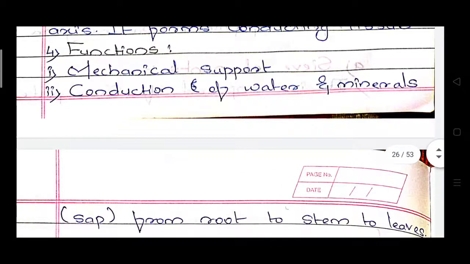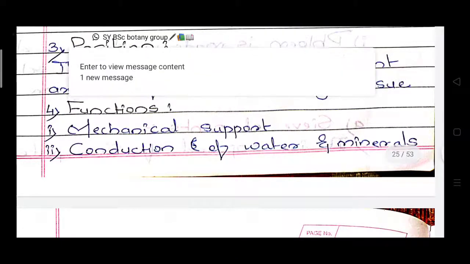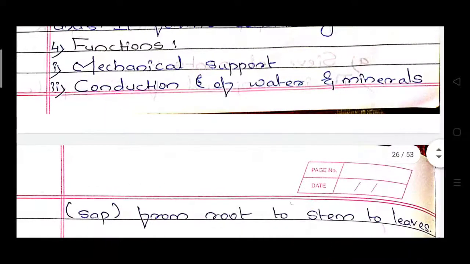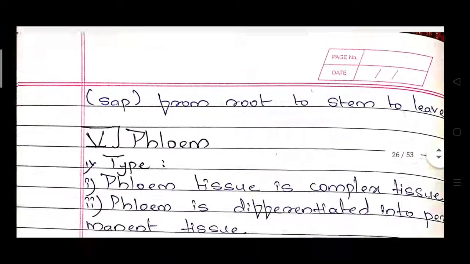So this is about the xylem, which is part of the mechanical tissue system. The main function is mechanical support, but as well as supporting, they conduct the water and minerals from the root to the other parts of the plant.